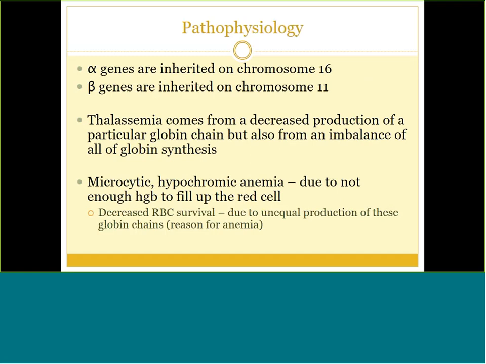So they are in the microhypo category. Most of the hemoglobinopathies from the last PowerPoint were normocytic normochromic. Like I had said, sickle cell anemia is definitely normocytic normochromic. The only one out of the last PowerPoint that would have been microcytic hypochromic would be hemoglobin E. Hemoglobin E is microhypo. The rest in the last PowerPoint were normocytic normochromic. So thalassemia is definitely microhypo.